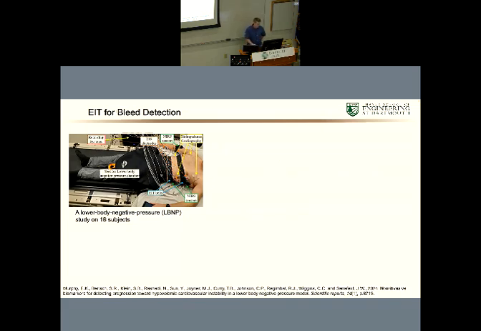For bleed detection, I think it's nice to bring up because of the neurological applications. We did an interesting lower body negative pressure test, which is kind of far out. We put this dress-like thing on the lower body of people and reduce the pressure there, and the blood goes into your legs and eventually they pass out. But it's a nice controlled setting to test for bleeds.